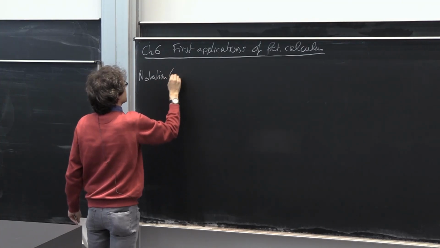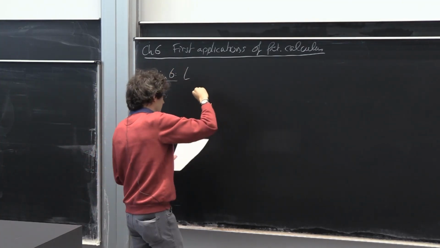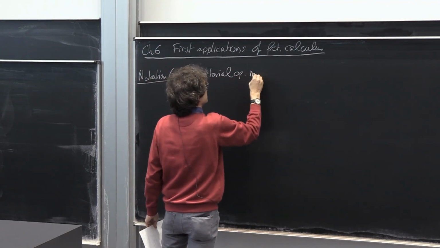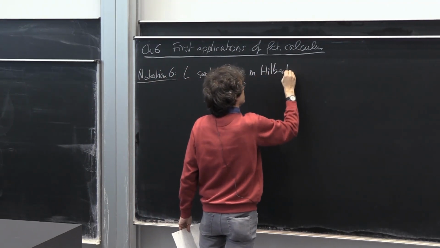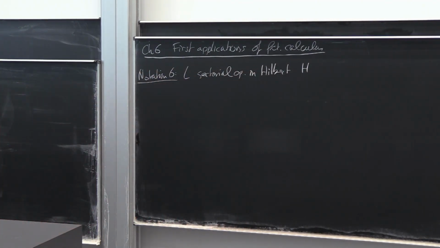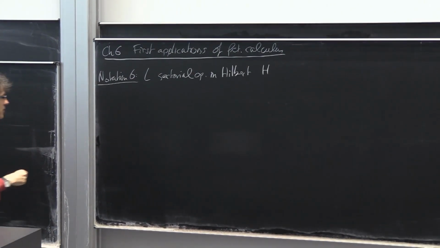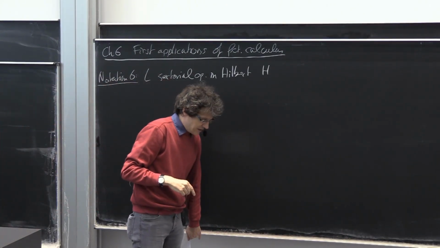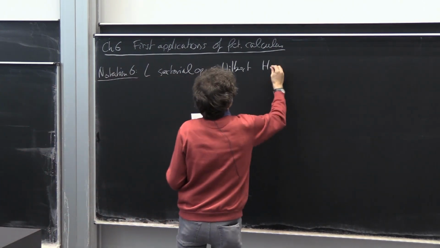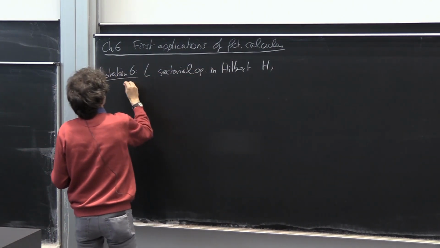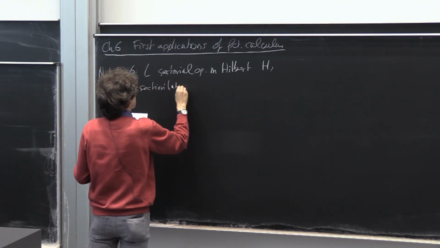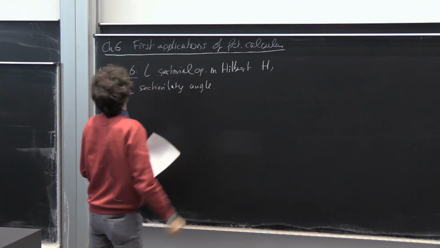So for all of this chapter 6, again, L will be a sectorial operator in some Hilbert space H. I will again just denote the norm of this space by norms and the scalar products by brackets without index H or something. So if there is a norm without an index, it's the norm in H. And this sectorial operator comes with a sectoriality angle, and this I will, as usual, denote by phi L.